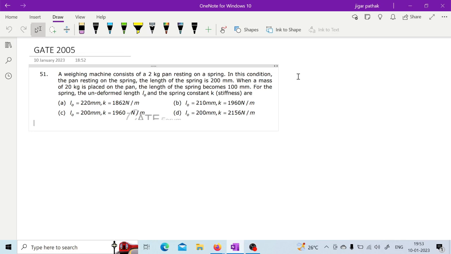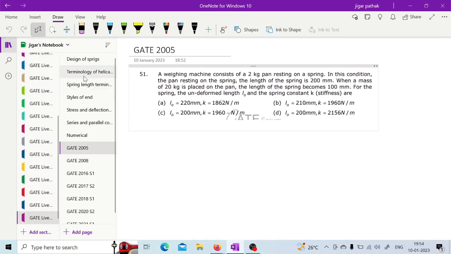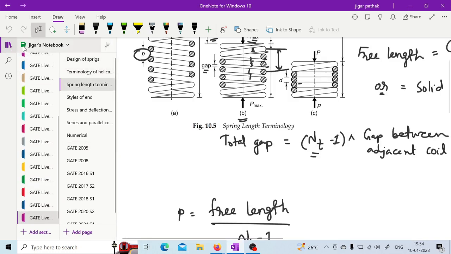No, see, in case of compressed length, you are considering that gap also. The compressed length is actually your solid length plus that gap, and solid length plus that gap plus deflection is your free length. We have seen this during the terminology of these lengths.